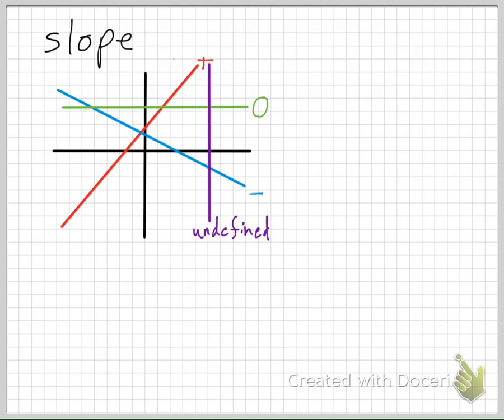Now, is there anything else that we've discussed this unit that talks about how y changes as x changes? Yeah, what is that, Will? Rate of change. All right, rate of change. Exactly. Guys, slope is rate of change.